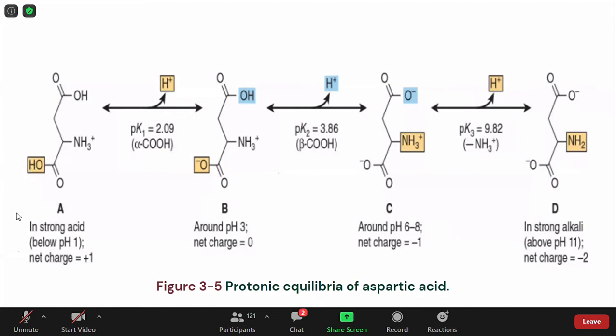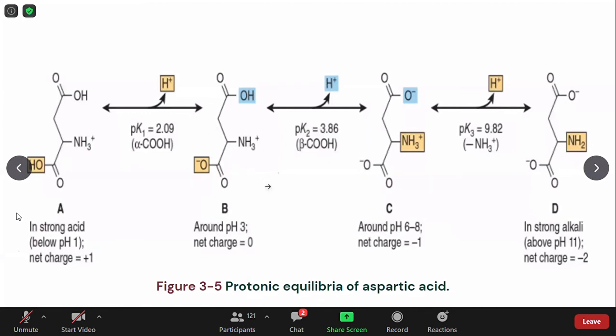You get the PI of aspartic acid by adding these two, the pK here and the pK here, divided by 2.